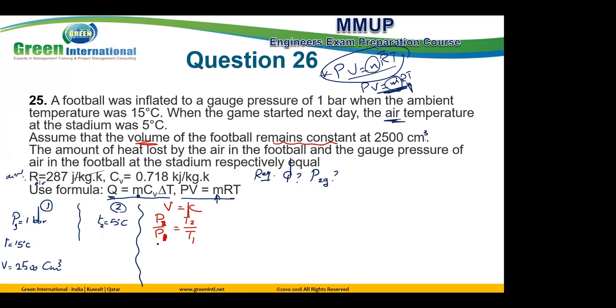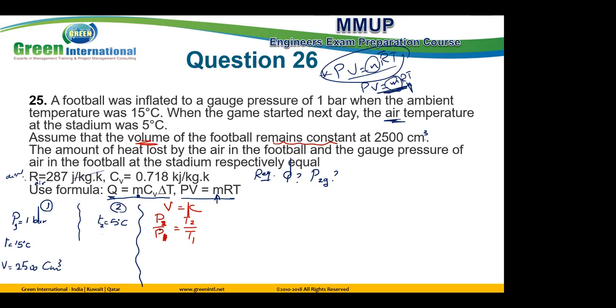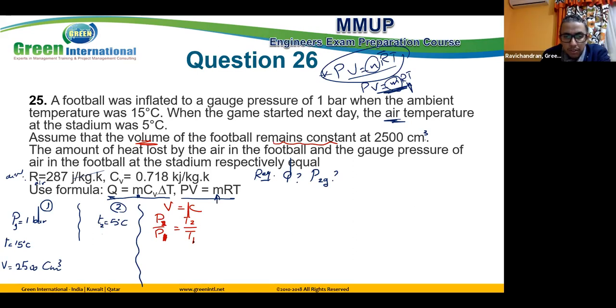Why did I make it like this? It's better because I put it on the other side and can calculate P2 directly. We don't need to take the reciprocal again. So it's better 2 over 1, 2 over 1. Both are the same.